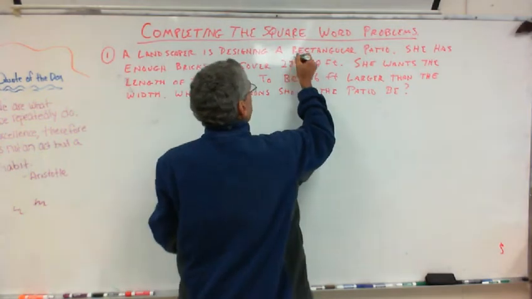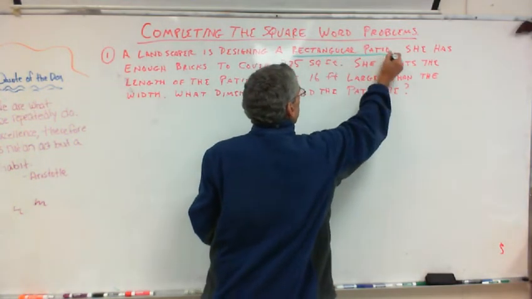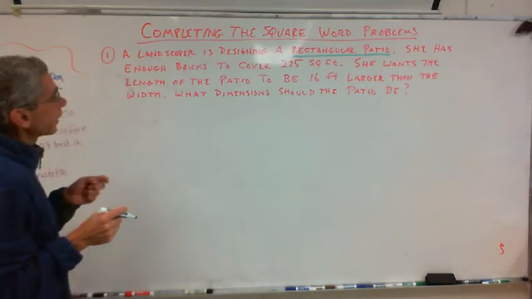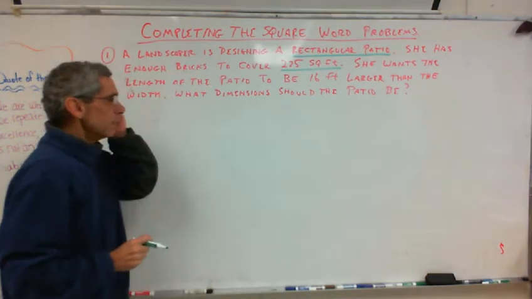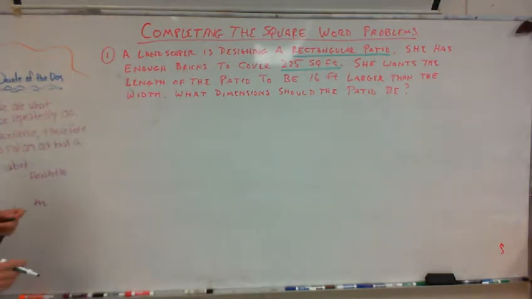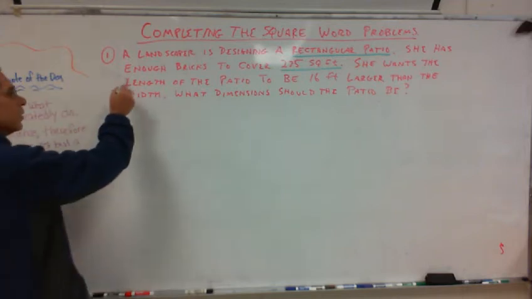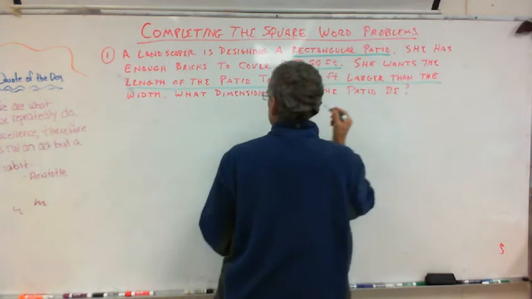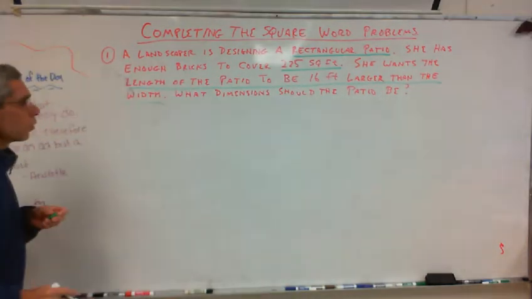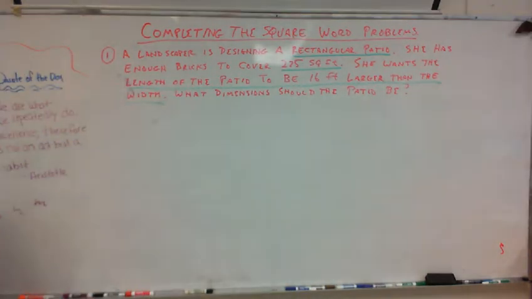All right, so I see it's a rectangular patio. To me, that seems kind of important. She has enough bricks to cover 225 square feet. That seems kind of important. She wants the length of the patio to be 16 feet larger than the width. That seems really important, right? 16 feet larger than the width. What dimensions should the patio be?